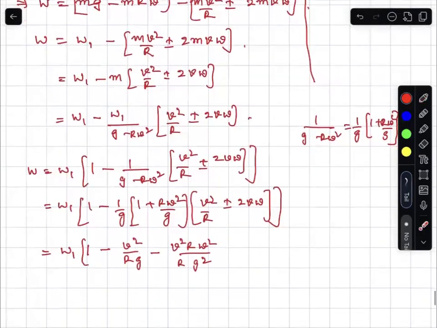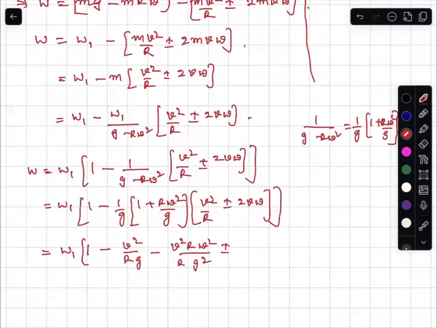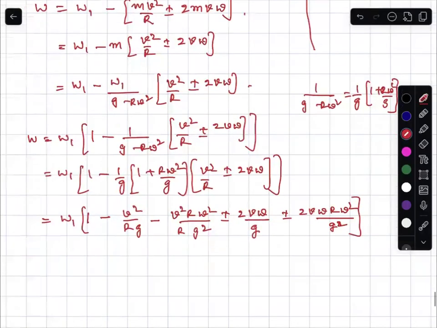Next, the product of plus or minus v omega by g, plus or minus 2v omega r omega square by g square. These are the terms finally left for you.